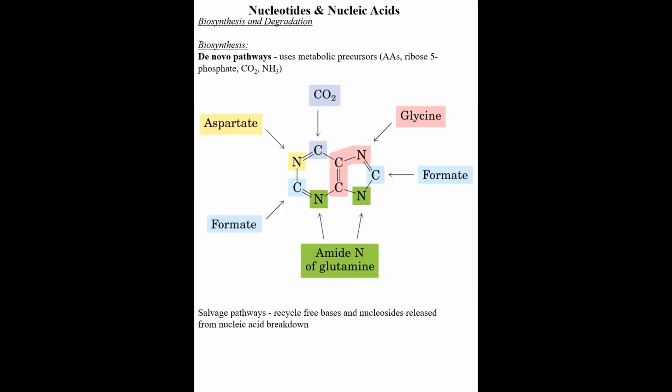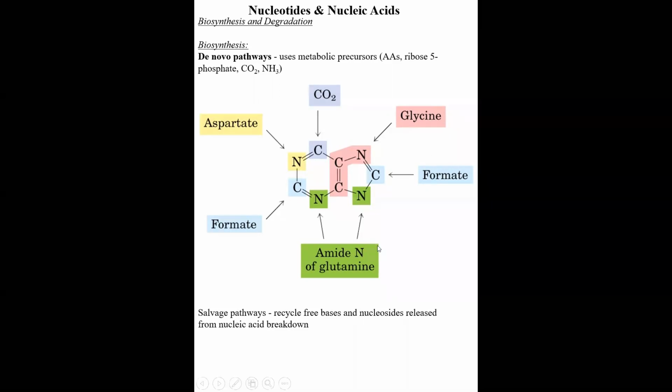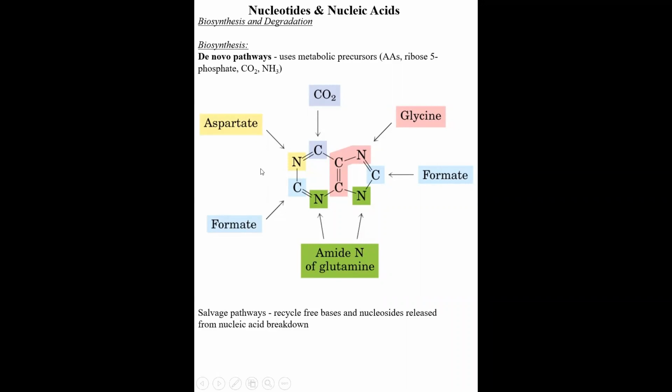And this is the 9-membered ring structure of purine nucleotide. Adenine is a 6-aminopurine. This is the 6th carbon, where CO2 is added, you can see in blue color, the 6-membered ring.